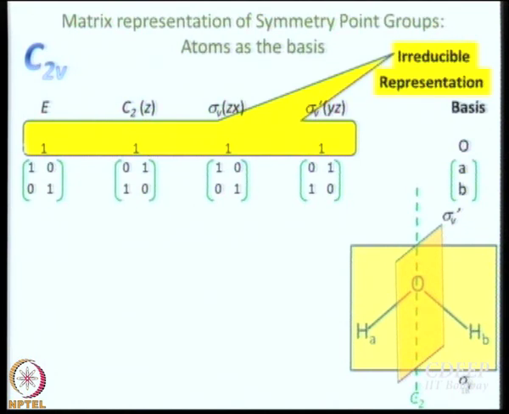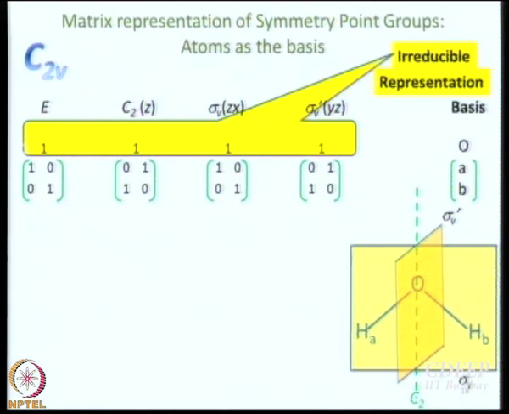Understood? And it is actually a special kind of irreducible representation. All the characters are 1, which means, so what is the basis here? O, right? Which means no matter what you do, no matter which symmetry operation you bring in, O does not change.